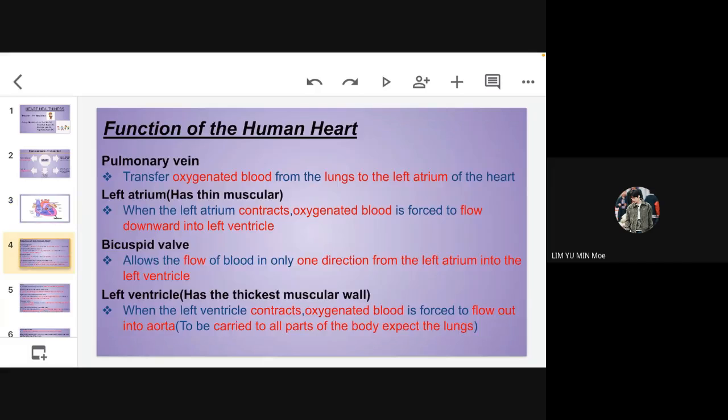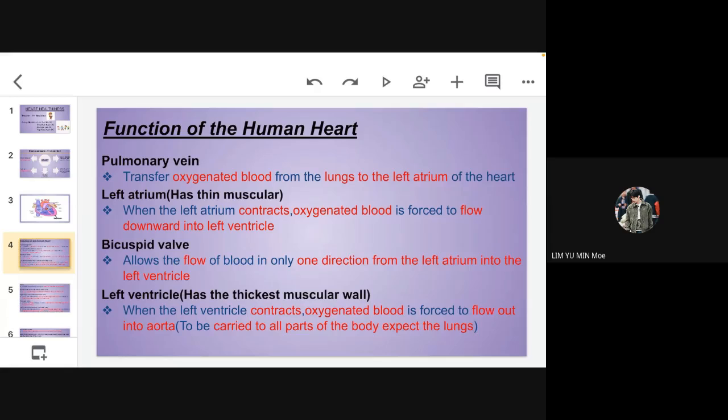And now I'm going to explain the function of the human heart. First is the pulmonary vein, which transfers oxygenated blood from the lungs to the left atrium of the heart. Then is the left atrium.